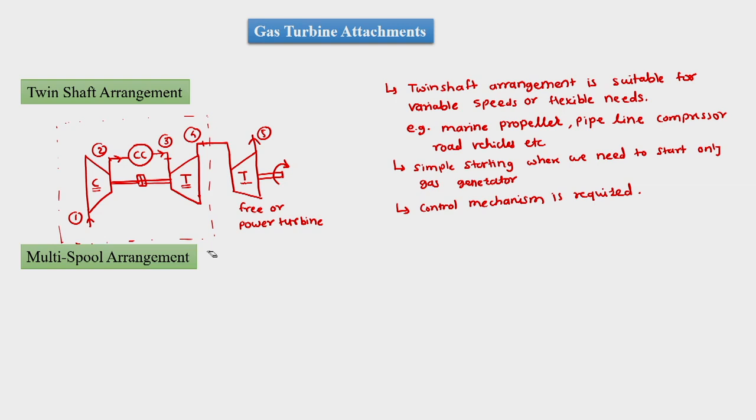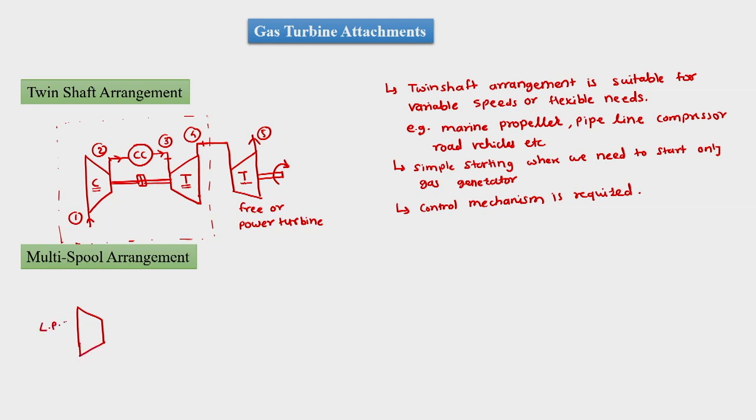In case of the multi-spool arrangement, we see that we need a high compression ratio in a gas turbine power plant, and we said that multiple compressors can be used or multi-stage compression can be done. But here we can have an arrangement something like this, where we have different compressors run by different turbines.